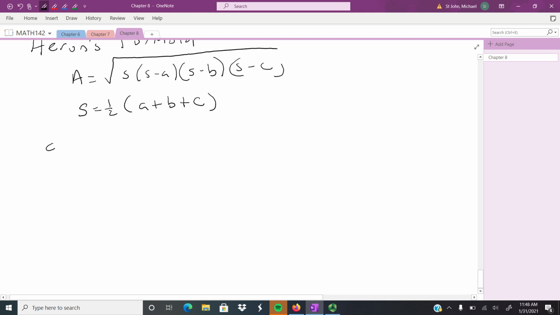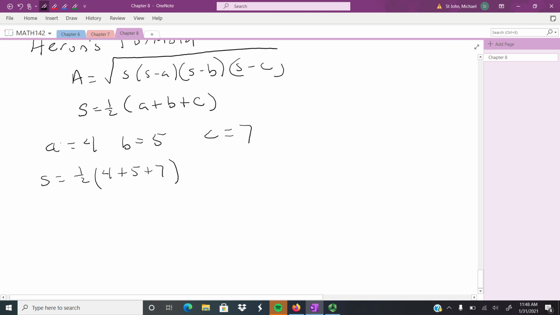So let's say A is equal to 4, B is equal to 5, and C is equal to 7. So S is going to be 1/2 of 4 plus 5 plus 7.